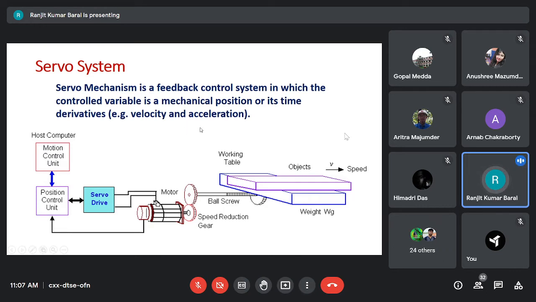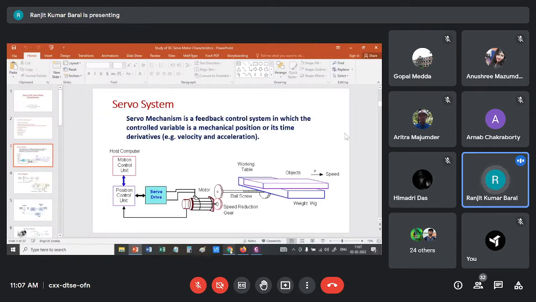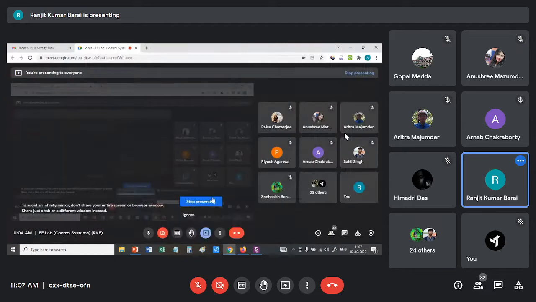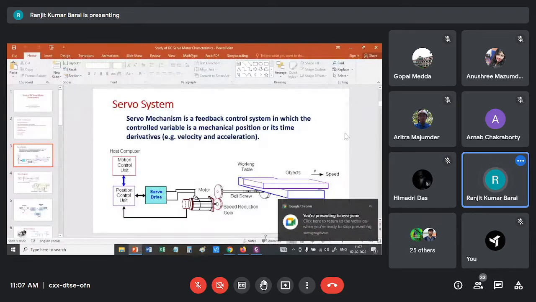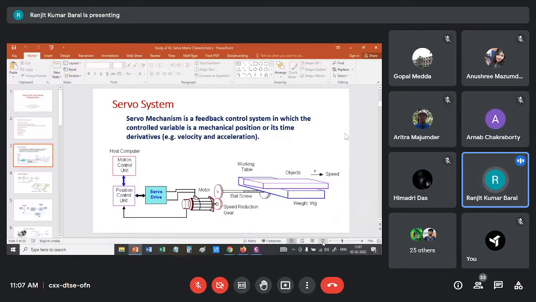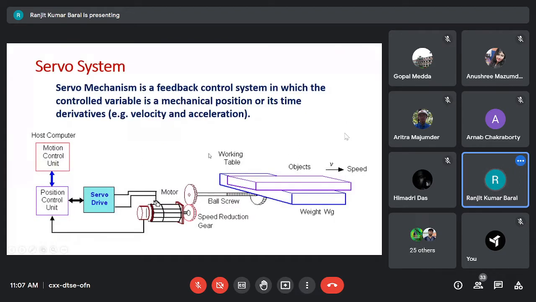If you see any video available on YouTube of a rocket launch, you'll find that the positions of the various nozzles are controlled to control its direction of motion. So they are actually implemented using servo systems.